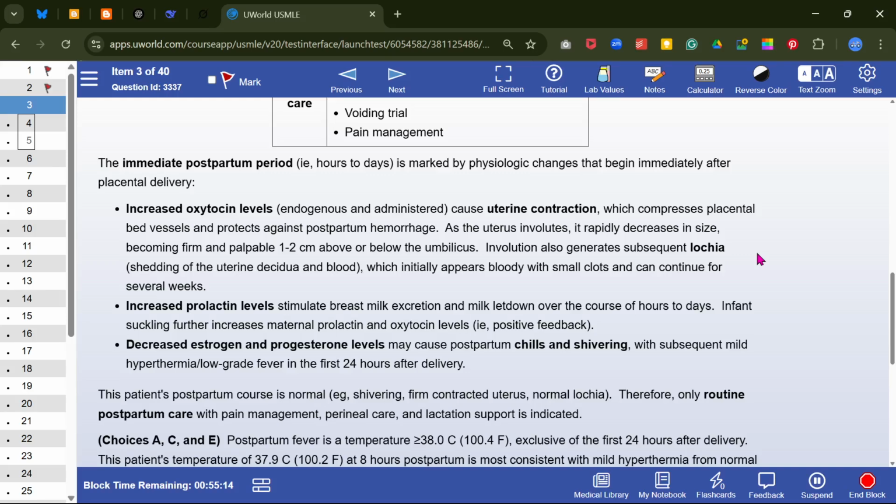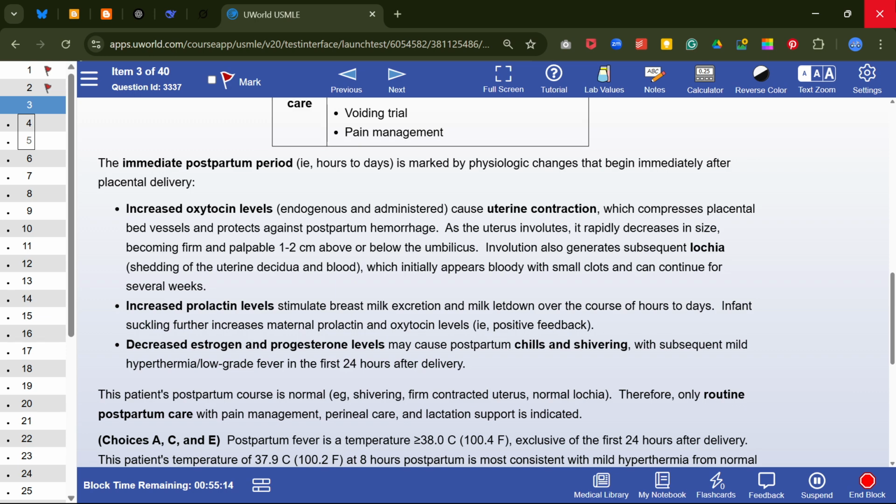So prolactin level increases and there is decreased estrogen and progesterone level in the postpartum. It can cause chills and shivering with subsequent mild hyperthermia, low-grade fever in the first 24 hours of the delivery. Decreased estrogen and progesterone, that's why there is shivering.